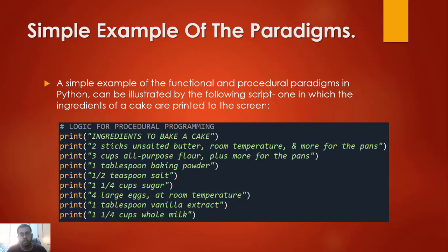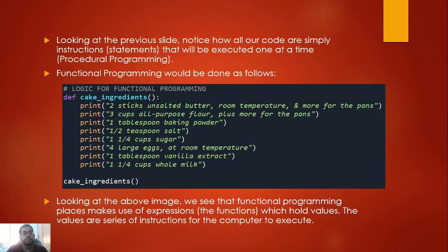Simple example of the paradigms. A simple example of the functional and procedural paradigms in Python can be illustrated by the following script, one in which the ingredients of a cake are printed to the screen. Looking at the previous slide, notice how all our code are simply instructions, statements that will be executed one at a time.